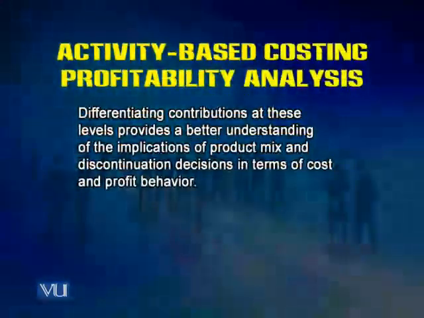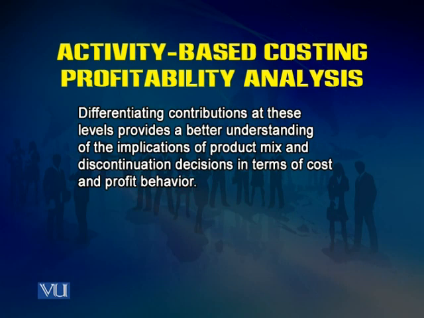Things like discontinuity, if we need to discontinue a product, and also whether the products can be in the same mix or whether the product mix needs to be changed. Differentiating contribution at these levels provides a better understanding of the implications of product mix and discontinuation decisions in terms of cost and profit behavior.